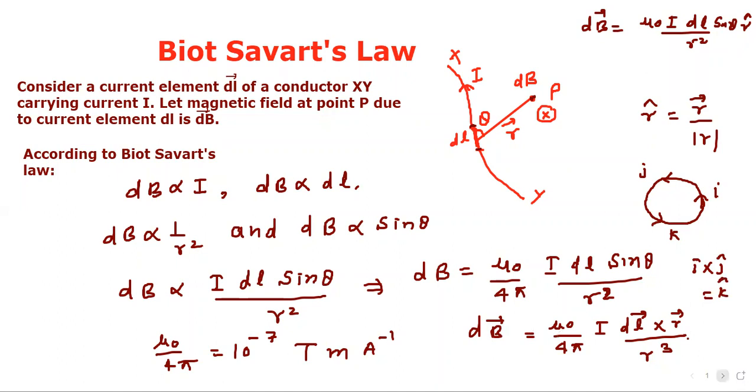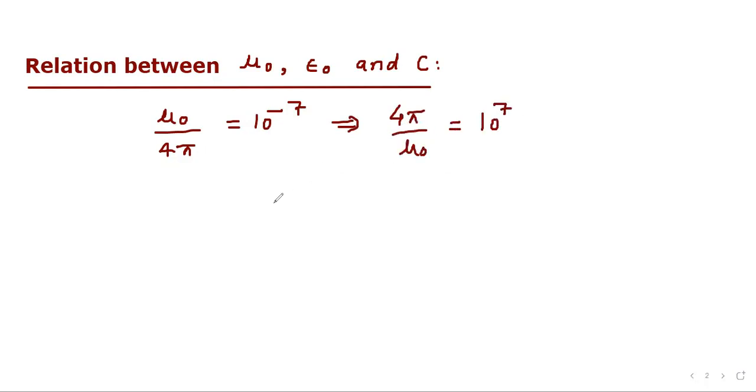Now, the relation between mu naught, epsilon naught, and c. We know that mu naught upon 4 pi equal to 10 to the power minus 7, or 4 pi upon mu naught equal to 10 power 7. Also, 1 upon 4 pi epsilon naught equal to 9 into 10 to the power 9.